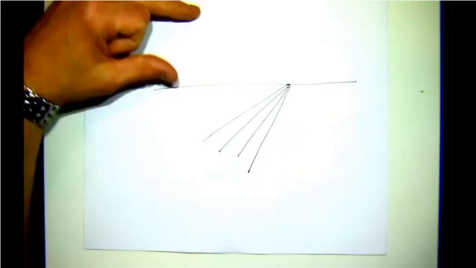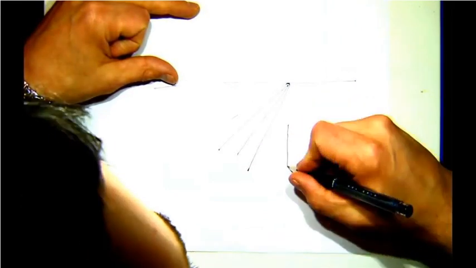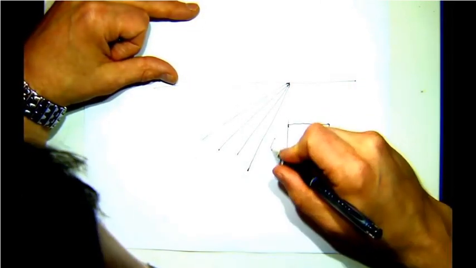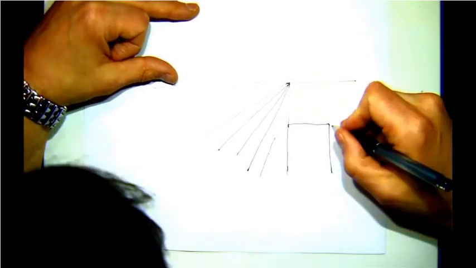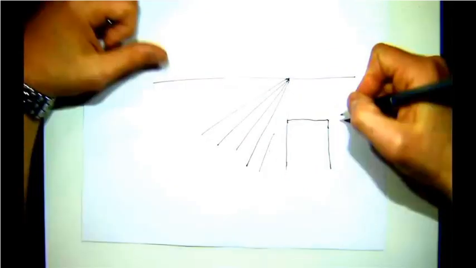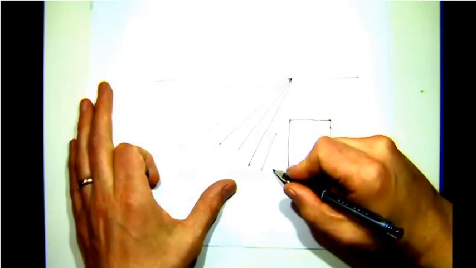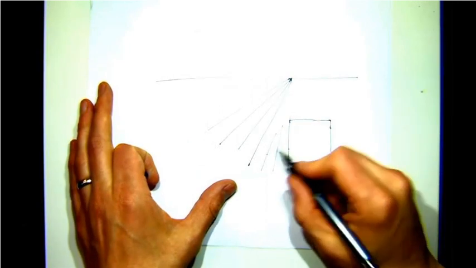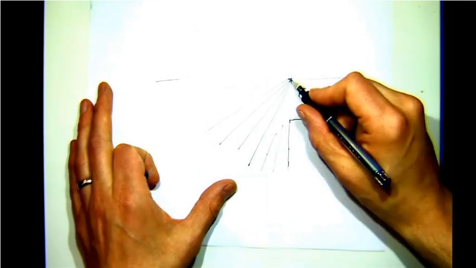Now, what if I have some other object here, and the line in that direction also intersects at the vanishing point? So here I've got 3 lines that are intersecting, where if I continue them, they intersect at the vanishing point.